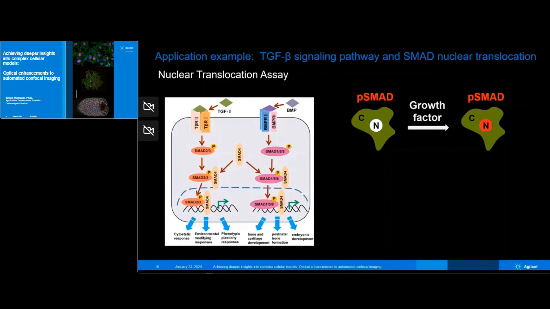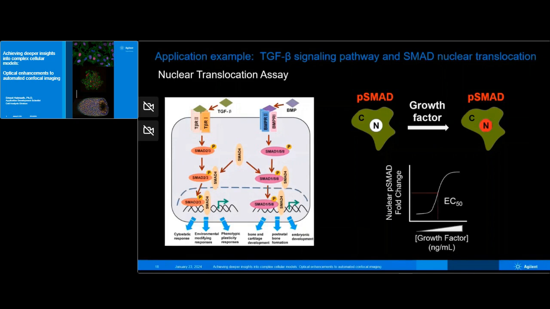This is a collaboration that was done with Cell Signaling Technology using their very rigorously validated phospho-antibody portfolio. Once you can monitor and quantify the amount of nuclear phosphorylated SMAD, you can start building dose response curves and derive EC50s.